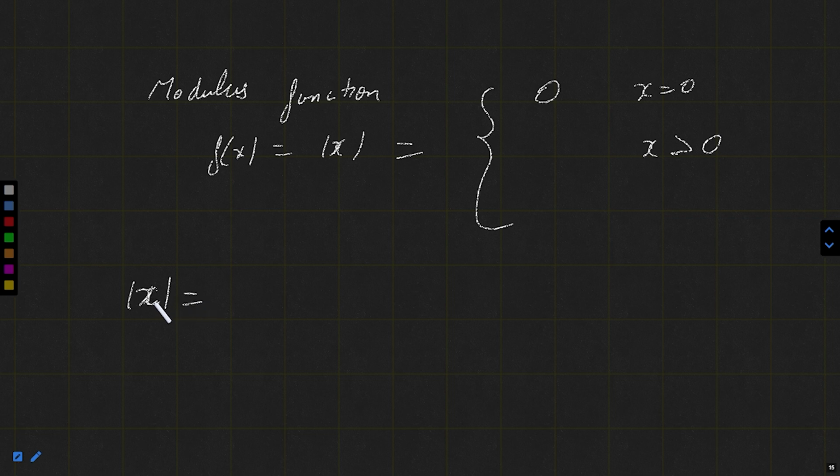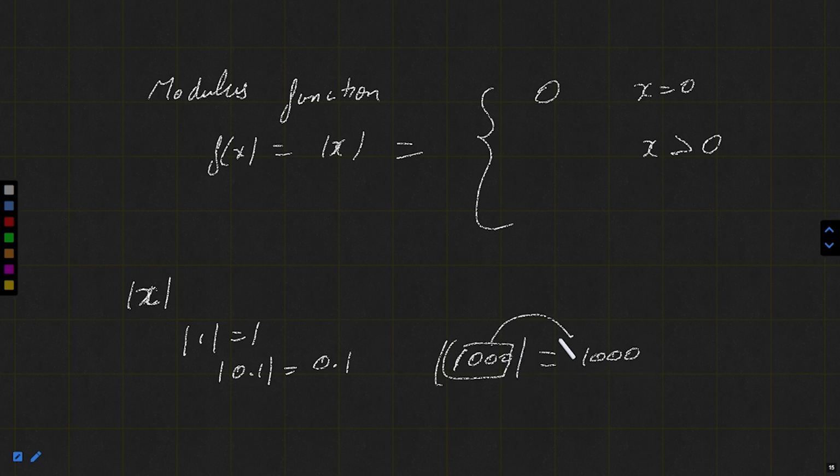If you put any positive number over here, suppose you put 1, you will get output 1. You put 0.1, you will get 0.1. You put 100, 1000, any number you want, you will get the same number if the number is positive. So this means the output will be x.